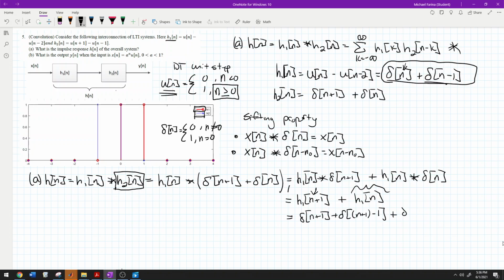We do delta of n plus delta of n minus 1. Simplify this, we have n plus 1 minus 1, it's n.